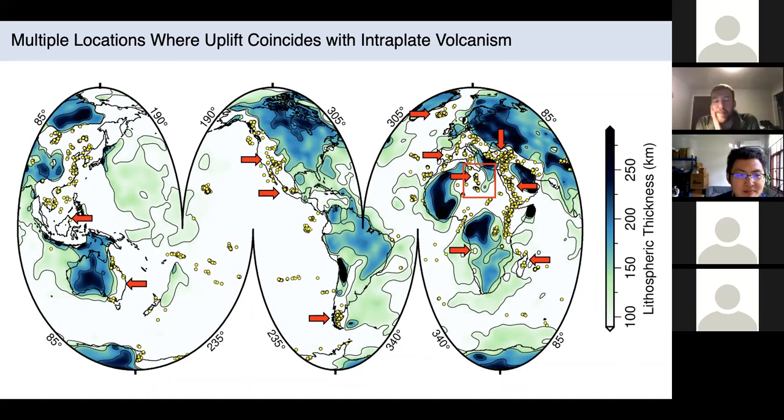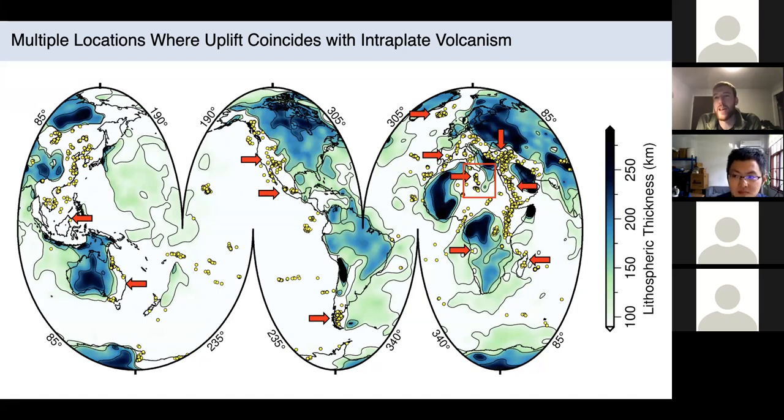Essentially, I have a way of filtering the database to be only places that are away from plate boundaries. So I can look at strictly intraplate only, but really I just wanted volcanism that wasn't generated by plate tectonic processes. That's really what I was interested in.